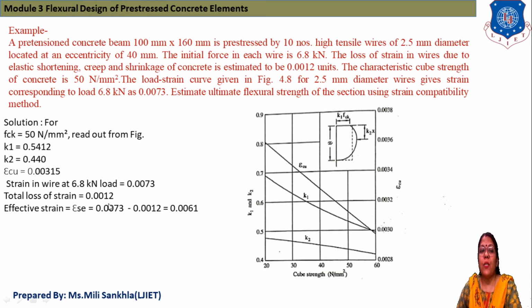Total loss of strain is 0.0012, that is given in the data, and effective strain epsilon Se is equal to 0.0073 minus this loss of strain, which is 0.0061. From this cube strength, we find three values, K1, K2, and also epsilon Cu, according to this figure.